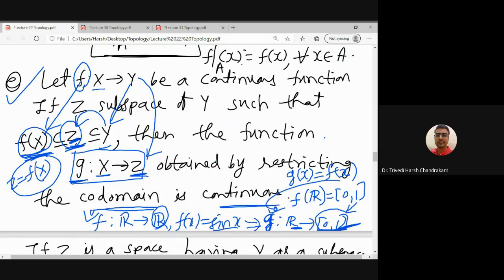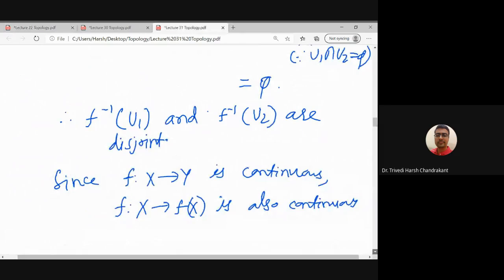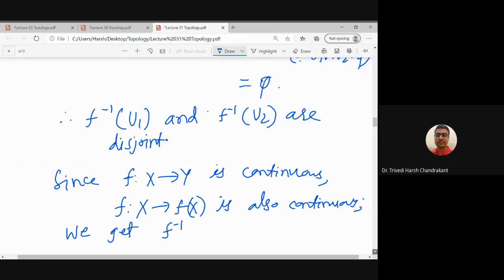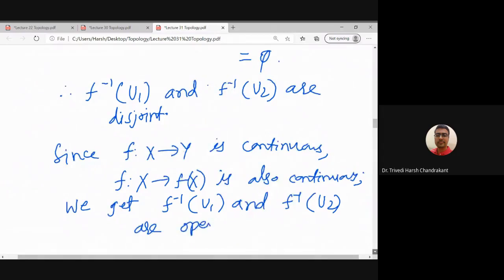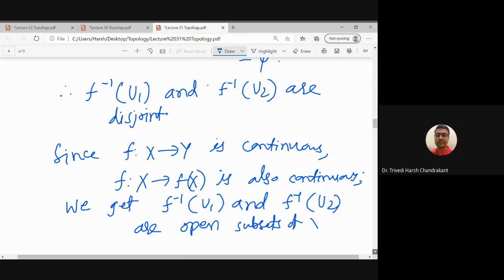That is what we discussed here. So since this function is continuous, what we get is the inverse image of U1 and the inverse image of U2 are open sets. Right?